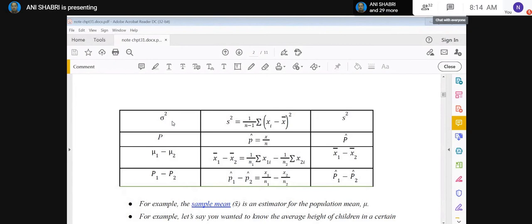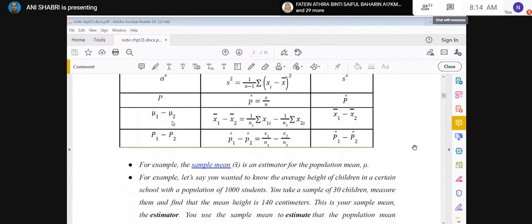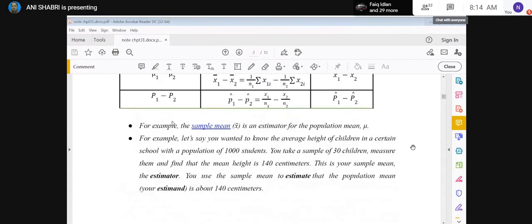For example, the sample mean x bar is an estimator for the population mean mu. Let's say you wanted to know the average height of children in a certain school with a population of 1,000 students.